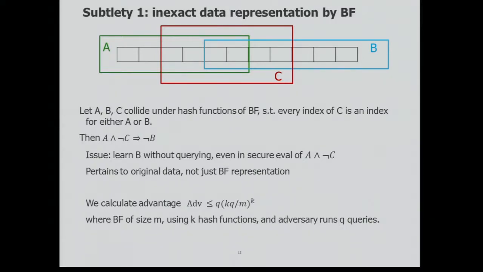It's not due to the Bloom filter representation. So without querying for B, you might be able to learn that B is in a database, or that B is not in a database. And it's not great because maybe your policy does not allow querying for B. So this was an interesting aspect of the Bloom filter, and the way we deal with it is that we design the system parameters such that this scenario is not likely to happen.